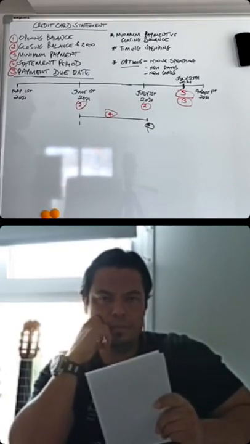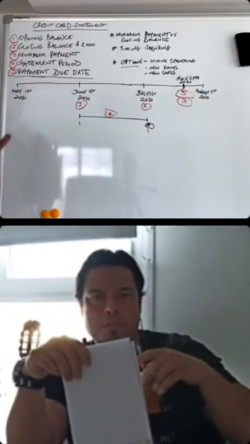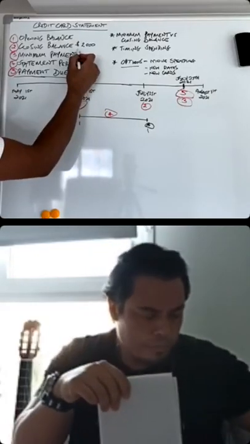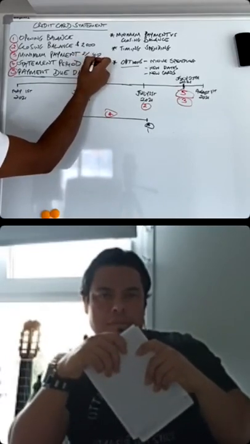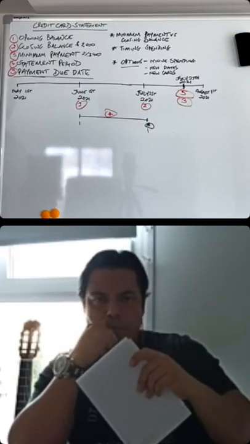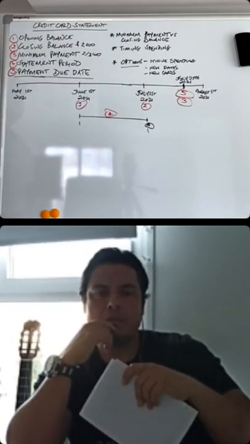Normally it's something like 1%, 3%, 5%, depends. But let's say for our purposes, we'll say it's 2%. So 2% of your closing balance is $40. So your minimum payment is $40. And the payment due date is almost like it suggests: the date that the payment is due.